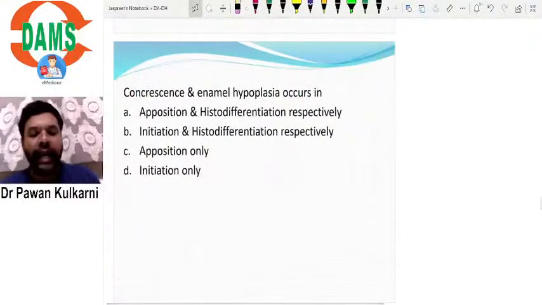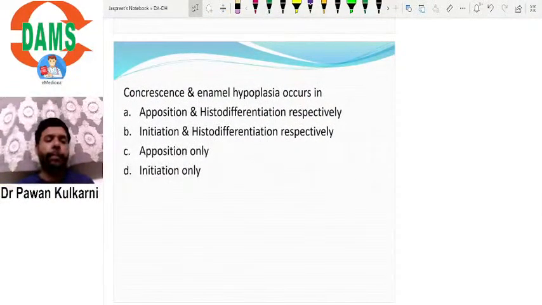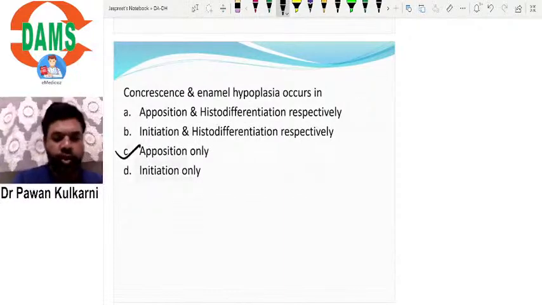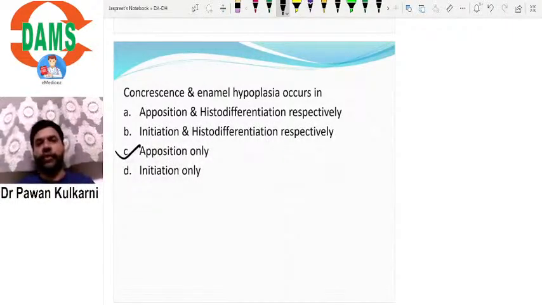Concrescence and enamel hypoplasia occur in which stage? Again, it's the same thing, a memory-based question. I've told you that it occurs because of apposition. Whenever there is hard tissue formation, that is called apposition. The last physiological stage is apposition, during which hard tissue formation occurs mainly.